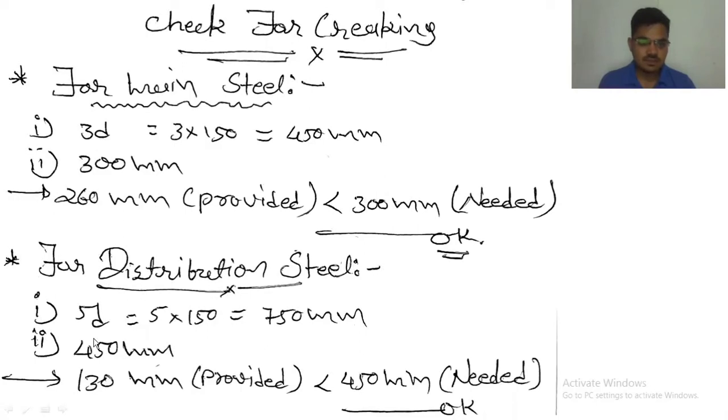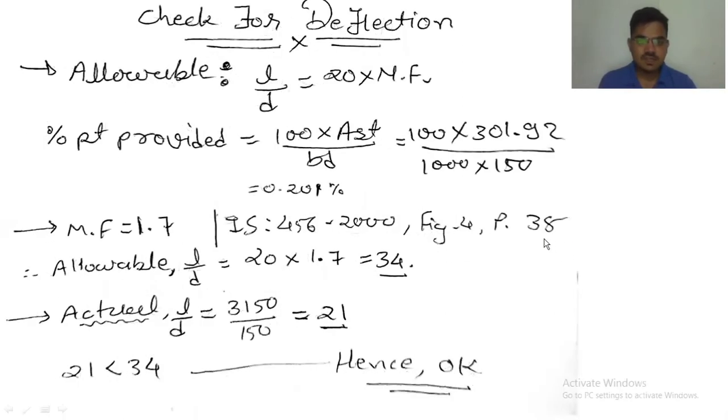And distribution steel is 130 mm provided, which is smaller than 5 times effective depth, 750, and also smaller than 450 mm. Okay, so it is also safe. Then check for deflection. First we have to calculate the allowable length to effective depth ratio, which is 20 into the modification factor.